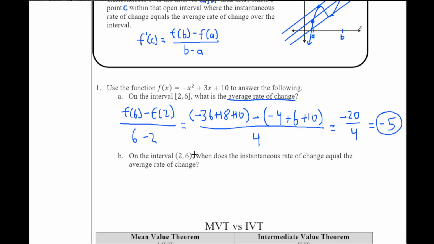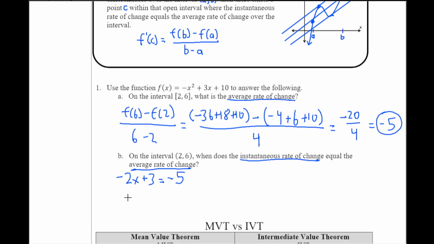So on the interval 2 to 6, when does the instantaneous rate of change equal the average rate of change? To get the instantaneous rate of change for the function, just find the derivative, which is negative 2x plus 3, and then set it equal to the average rate of change, which we calculated to be negative 5.